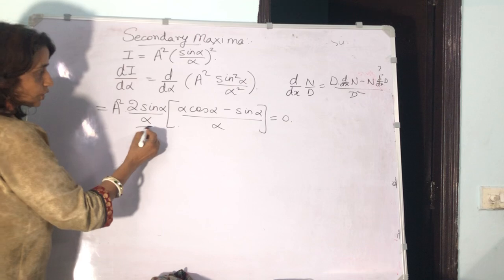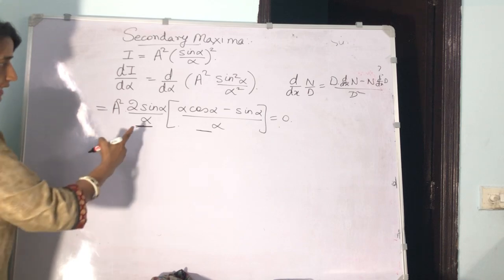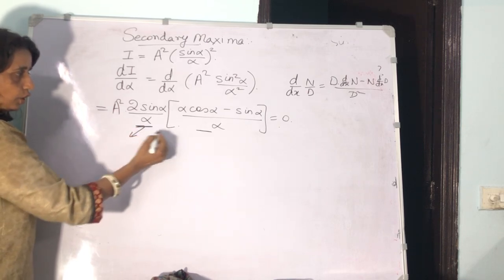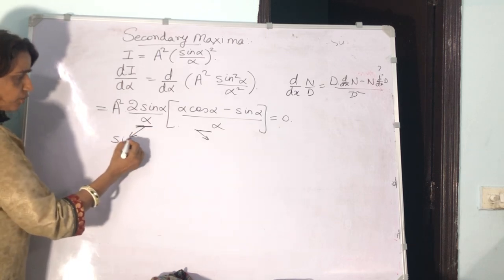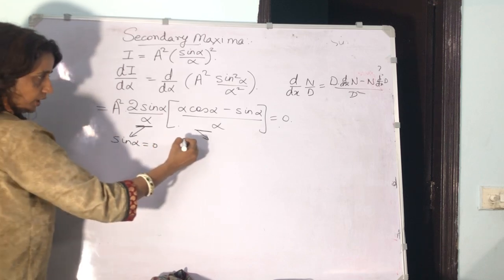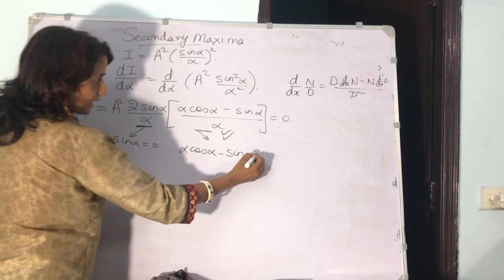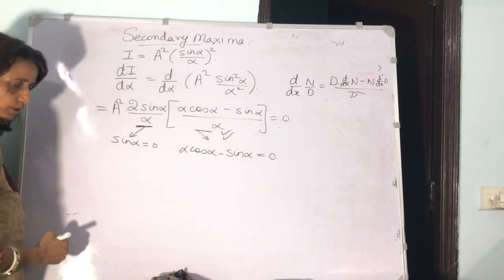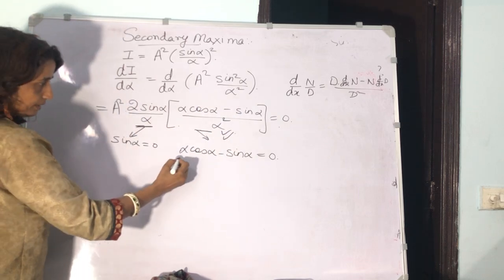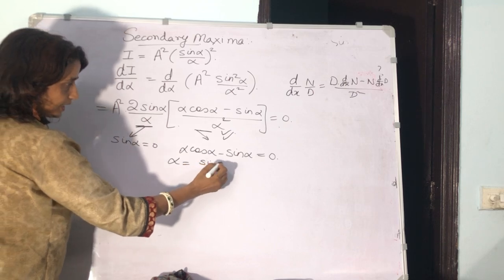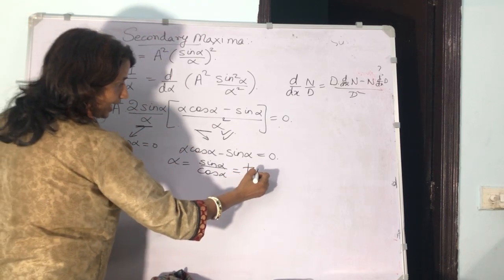Now a product of two components equal to 0 in mathematics says that either this value is 0 or this value is 0. So this first value makes no significance if we say this is 0. So what are we going to do? We will say this value alpha cos alpha minus sine alpha upon alpha square is equal to 0. So this becomes alpha is equal to sine alpha upon cos alpha, which is equal to tan alpha.